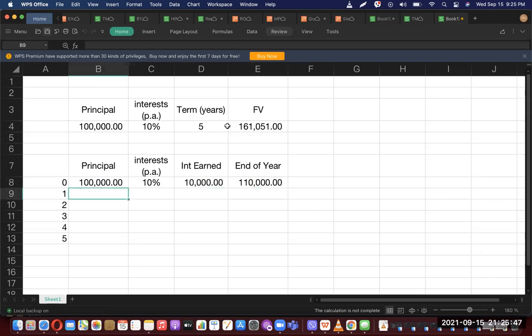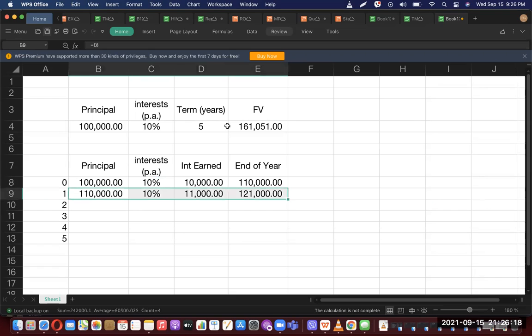Now you pick up the previous year's amount, and again you have 10% per annum for that year. Since you did not remove any principal, the interest earned would be a little bigger. Since it's 110,000, the interest earned is no longer 10,000, it becomes 11,000. So the end of the year would be 121,000.